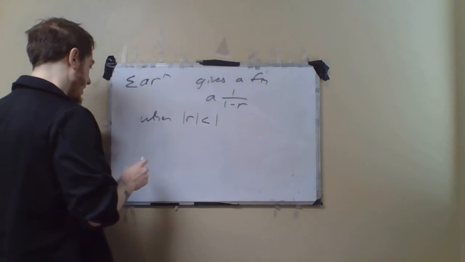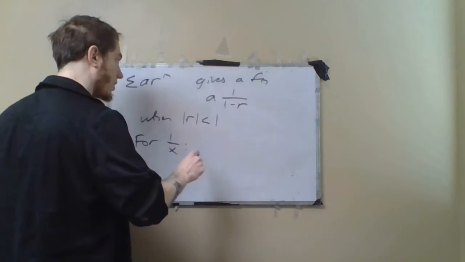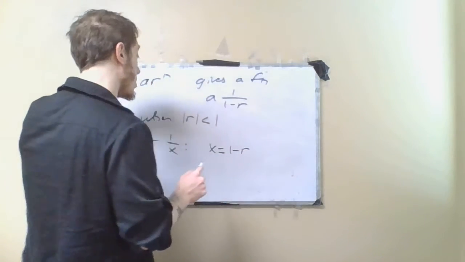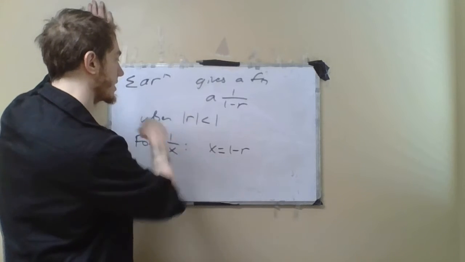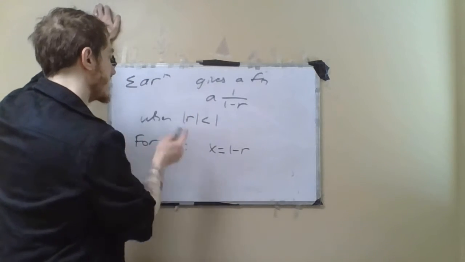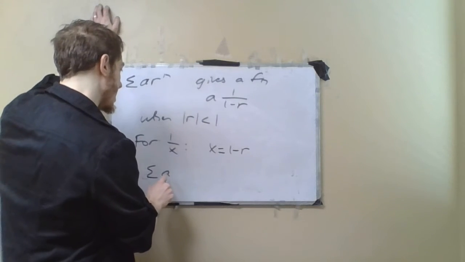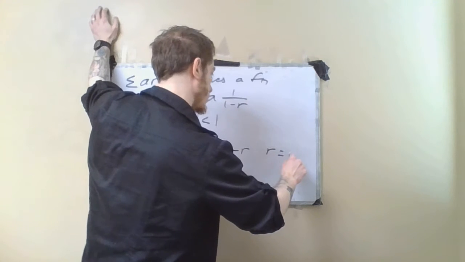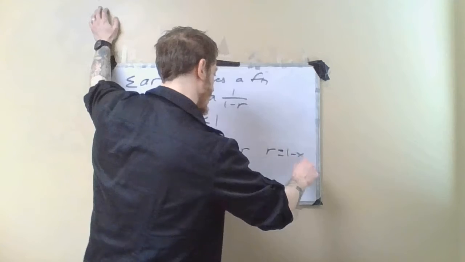For instance, if we wanted to do 1 over x, we could say, well, this means x equals 1 minus r. So then, this would mean R is equal to 1 minus x.